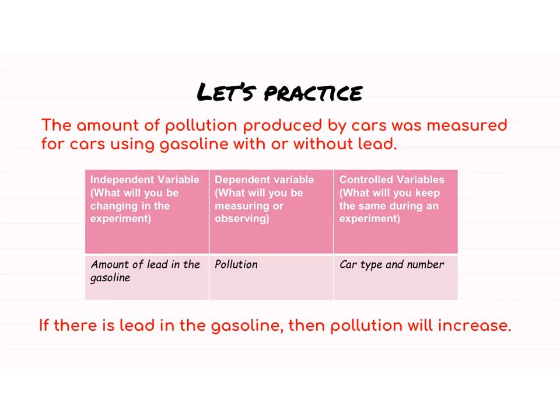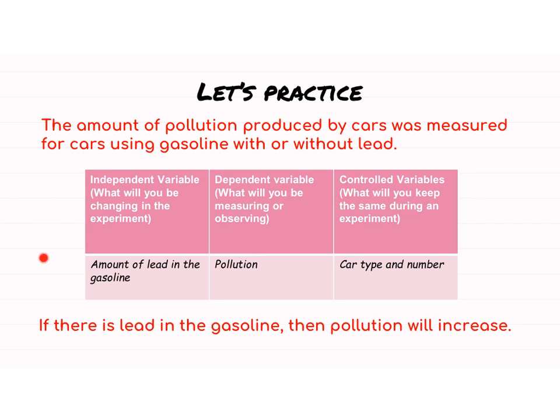together. Let's check now whether your answers match with the correct answers or not. So, the amount of pollution produced by cars was measured for cars using gasoline with or without lead. What we were changing in this experiment was the presence or the absence of the lead in the gasoline.